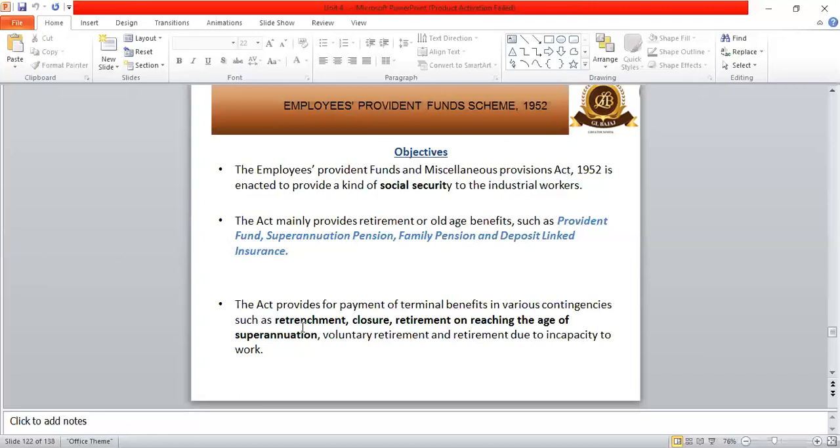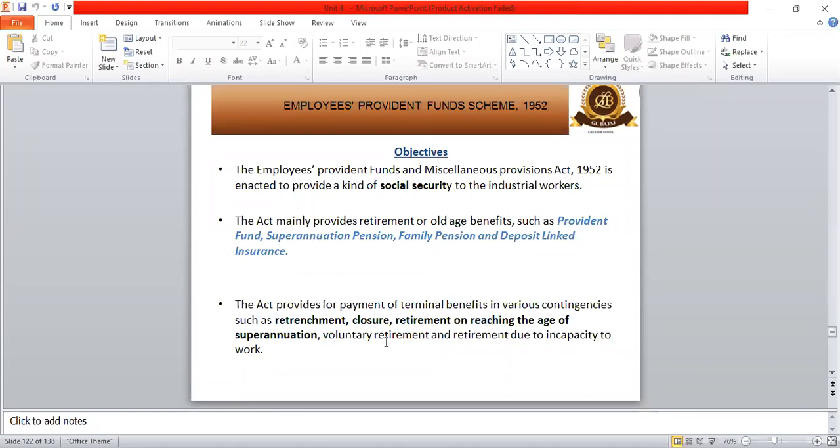For example, some reasons are certain contingencies you are facing, like retrenchment, because of some problem or some market downturn. If the company declares that employees are being retrenched, and you are one of those employees, that means you don't have any job in your hand, but you have to take care of your family, the education of your children, the medical needs of your parents.